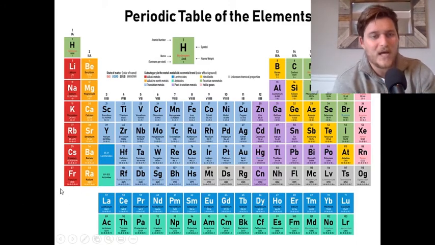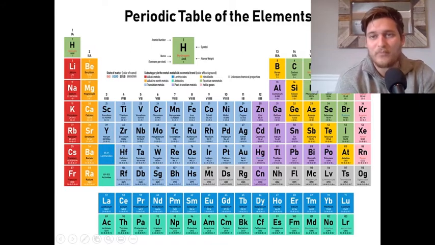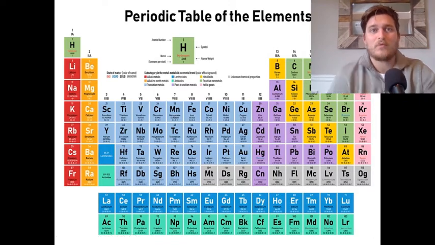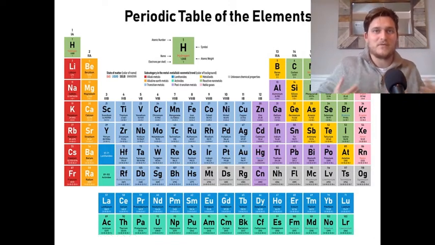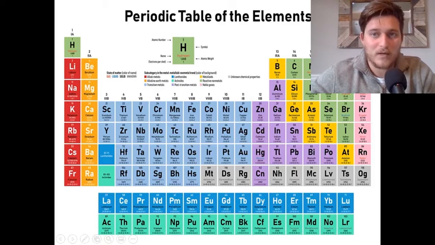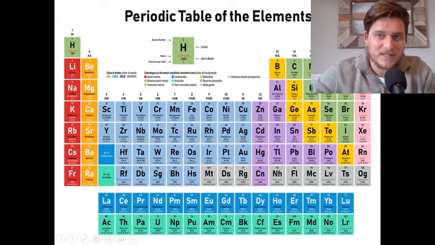If we start at the bottom left-hand corner of the periodic table and work our way to the top right, this top right corner, especially oxygen and fluorine, are going to be more electronegative, meaning when they form these polar covalent bonds, they are going to hold on and have more affinity to those electrons. While something like hydrogen, if it bonds to a more electronegative oxygen, is basically going to donate those electrons.